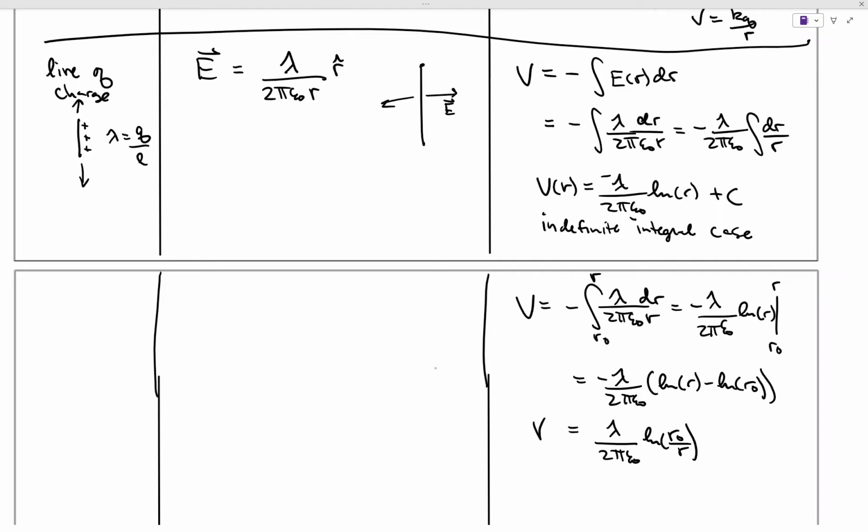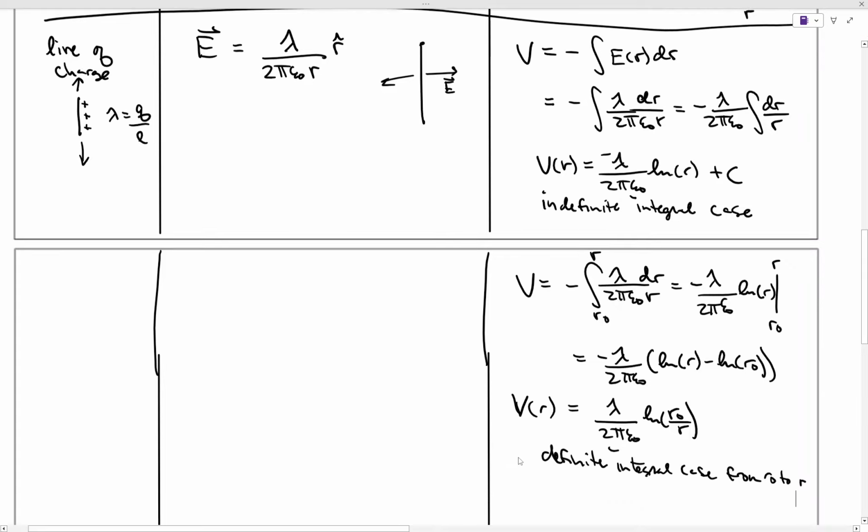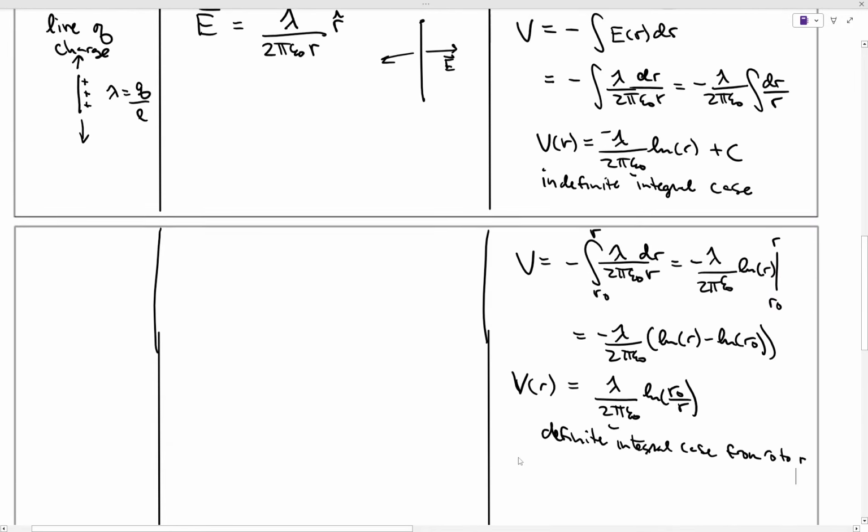So this would be the definite integral case, and you're going from r naught to r. So it's the same function and everything. It's just that this now incorporates limits, and there are a lot of circumstances where that's maybe a little more useful. So that's the line of charge.